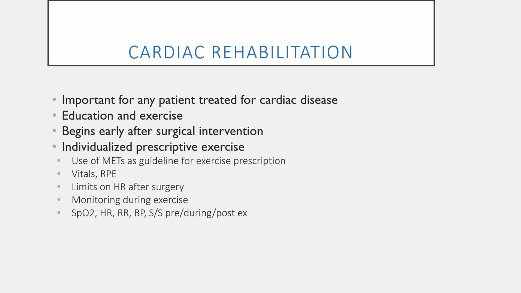Monitoring vital signs and rate of perceived exertion. Limits on heart rate after surgery will be directed by the physician, and monitoring vital signs during exercise, including SpO2, heart rate, respiratory rate, blood pressure, and signs and symptoms pre, during, and post-exercise.